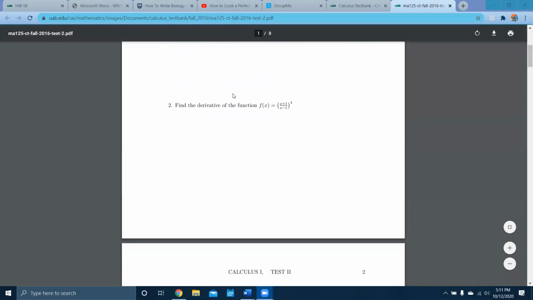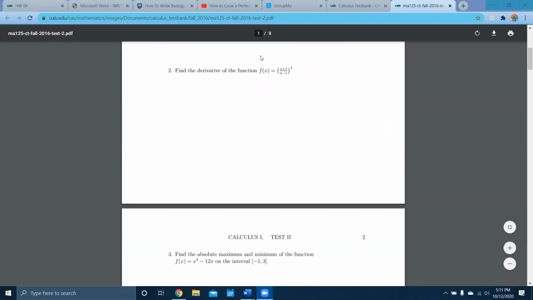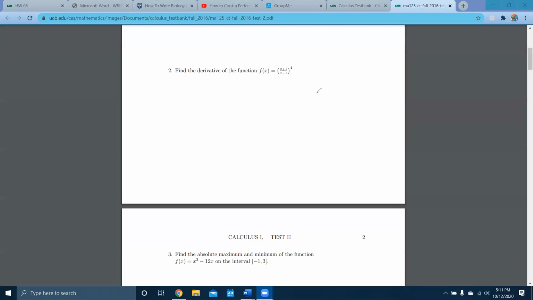So now scrolling down. Okay, so this is a chain rule with a quotient rule in it. It's not fun, but anyway, the same principle as above. I'll redraw it real quick. H of x is equal to f of g of x, so h prime of x is equal to f prime of g of x times g prime of x.